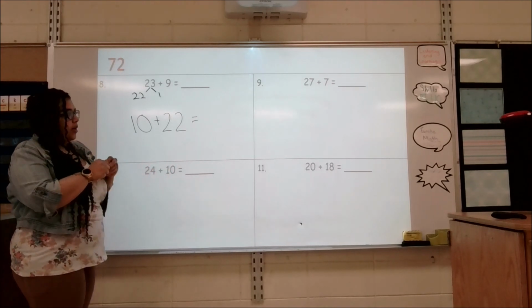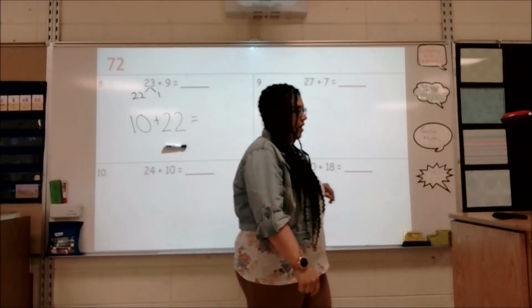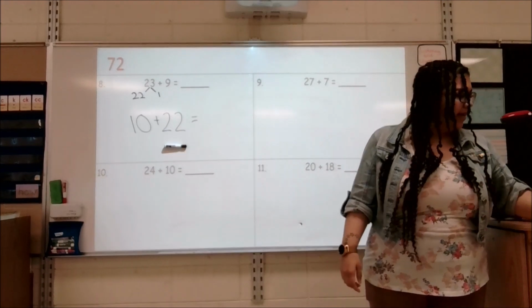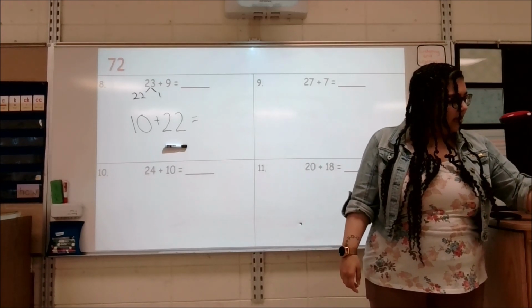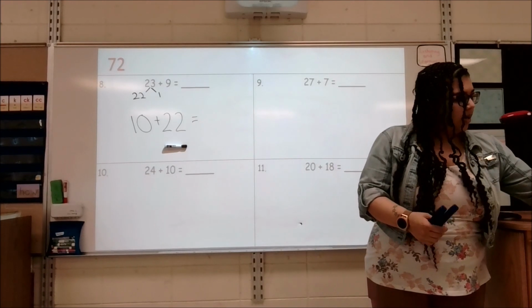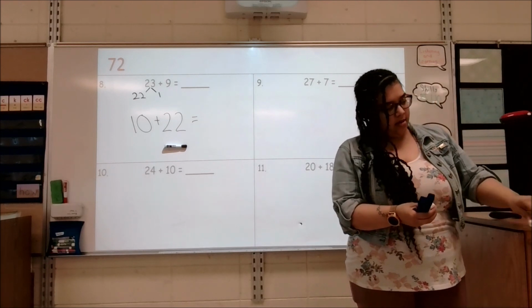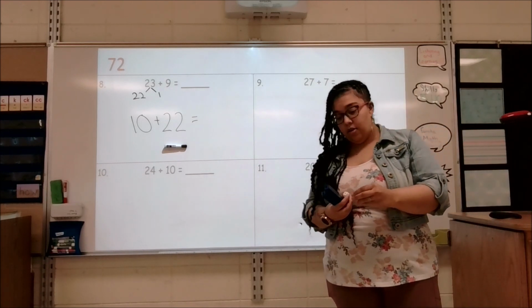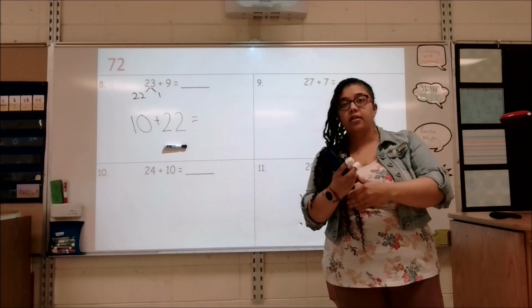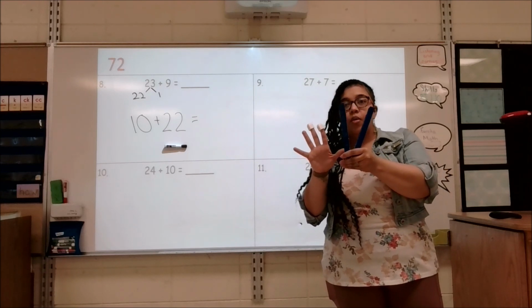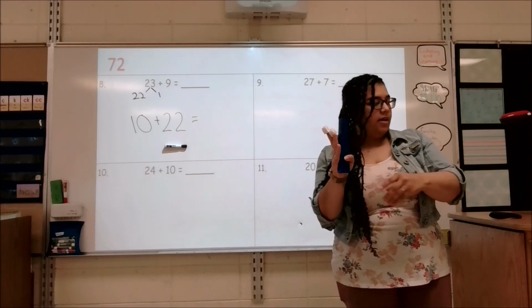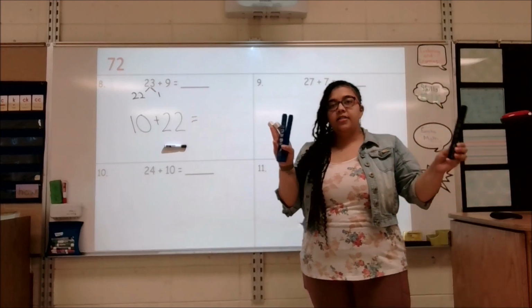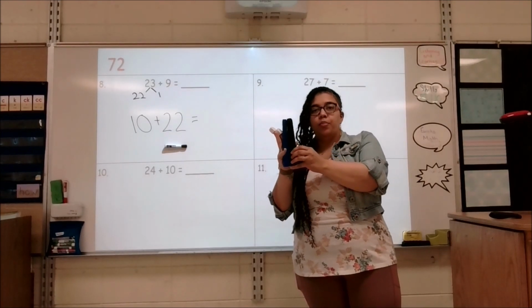Okay? What I'm doing here, you might think this looks like a harder problem. No, it doesn't. We just got to get used to seeing it. Watch. So this is my larger part. This is my 22, correct? What I'm saying to do, instead of breaking things apart, is to add an additional group of 10.